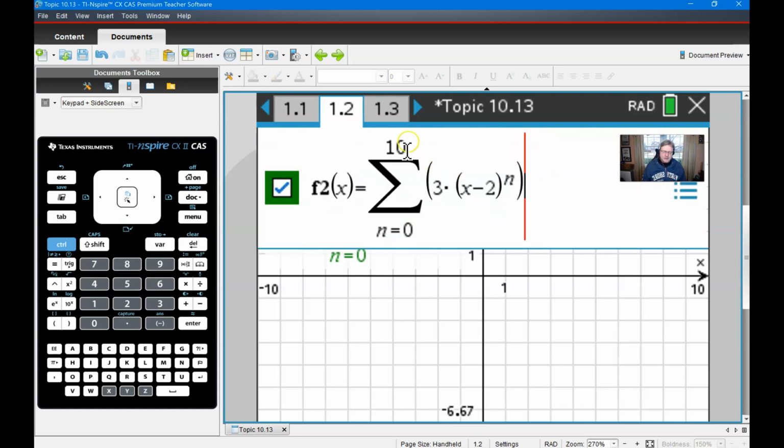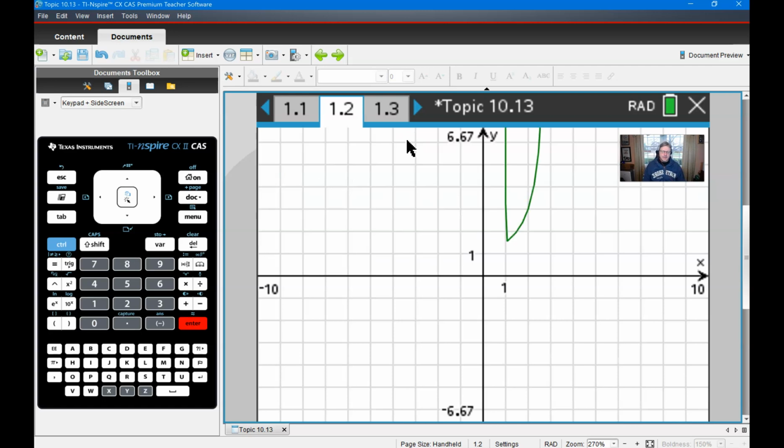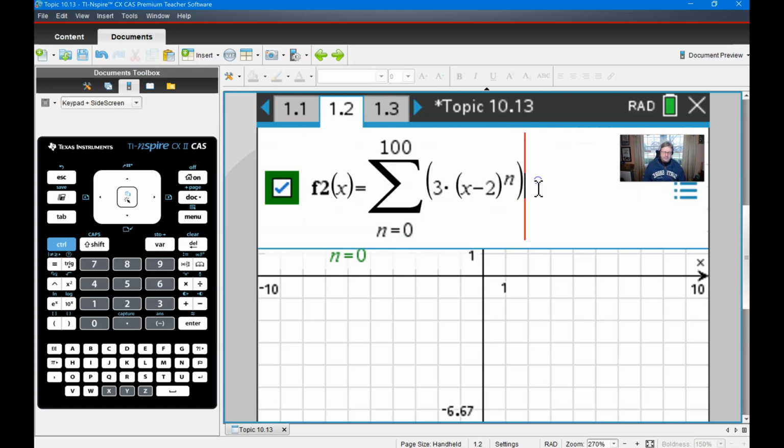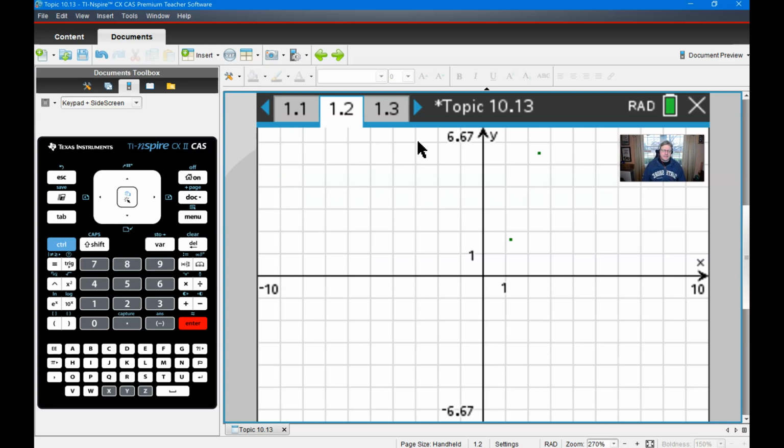Well, I think on this one, I've got a little bit of leeway that I could play with, and I could take it from 10 now to 100, and it just gets to be a little sharper, as you can tell. I might want to experiment and maybe see if I could go up to 1,000. It just might take a couple of seconds for the calculator to think about it, render it. It's trying, and boom, there it is.